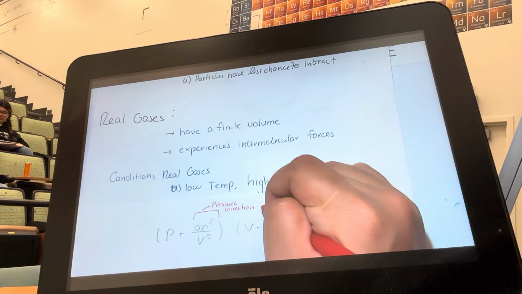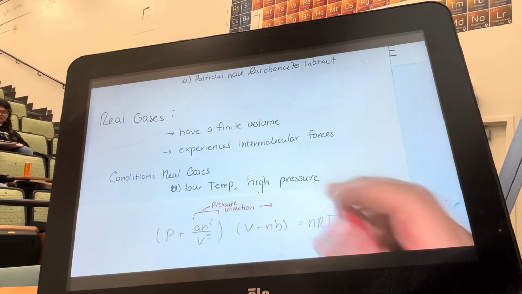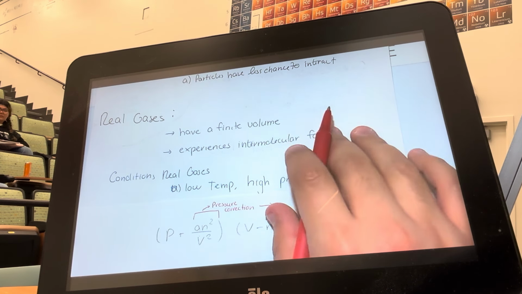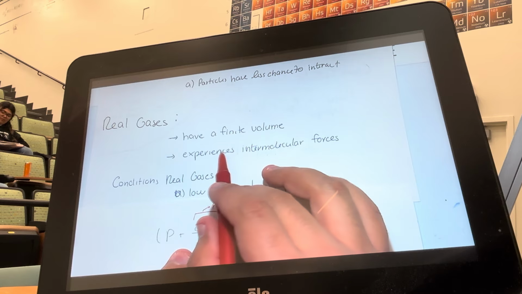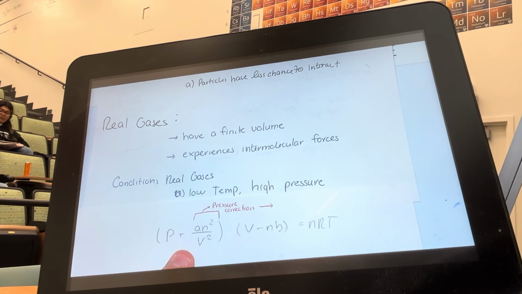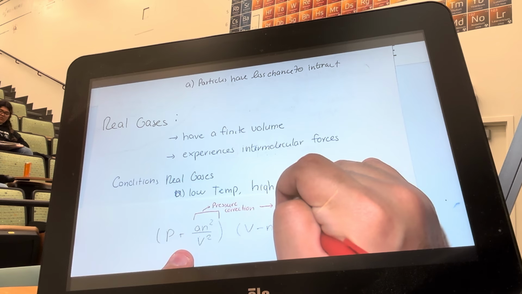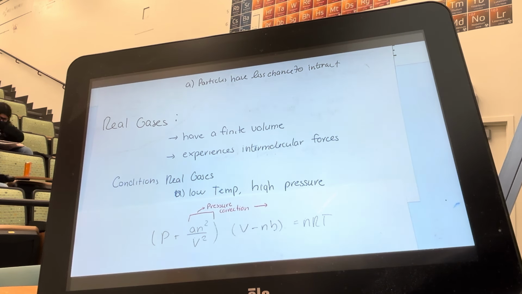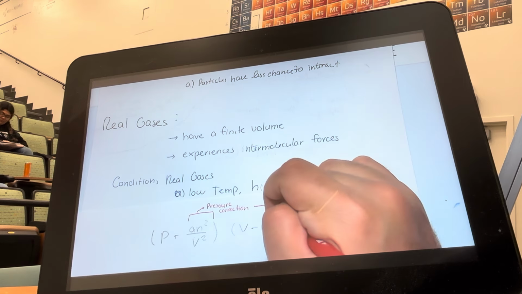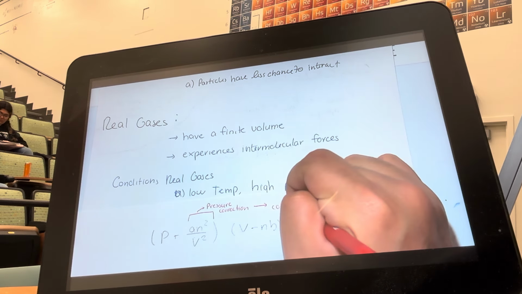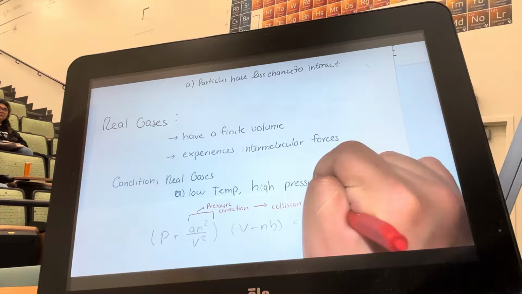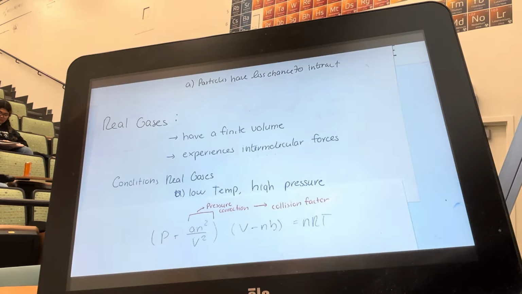Or to make it more unifying, remember that real gases actually experience intermolecular forces. You can think of this as an intermolecular force correction. As particles move around, this is them colliding, so I'm going to call this the collision factor. And you add it now because in real gases, things actually do collide with each other.